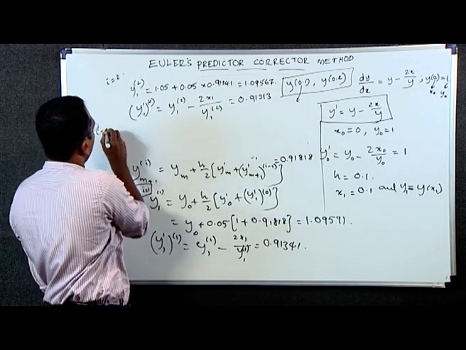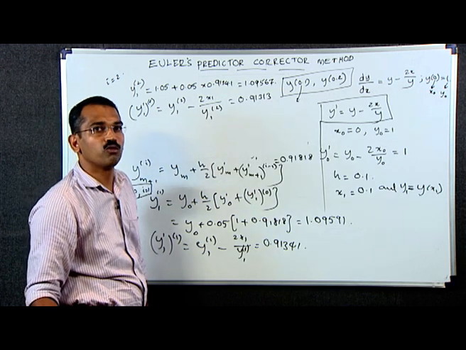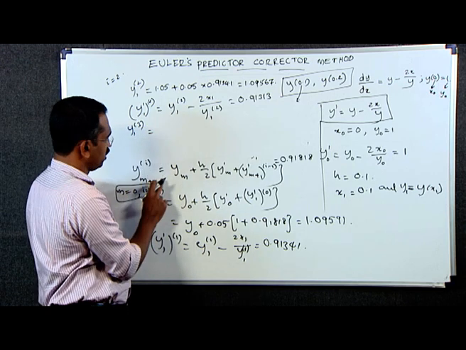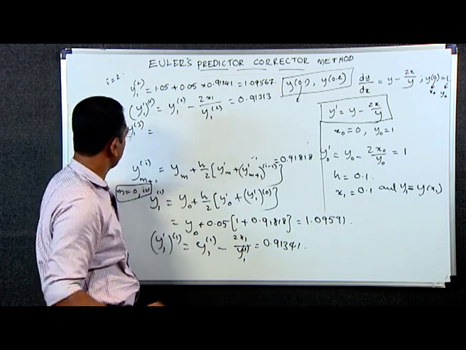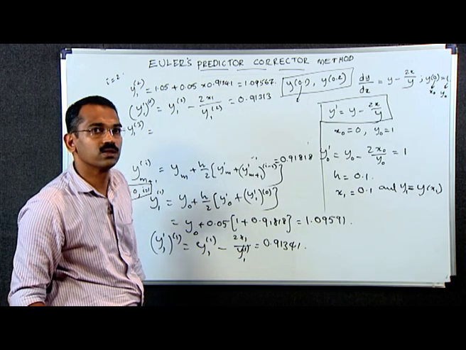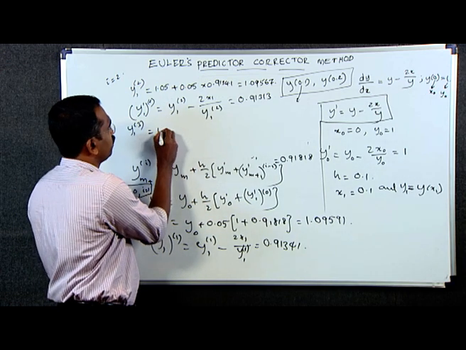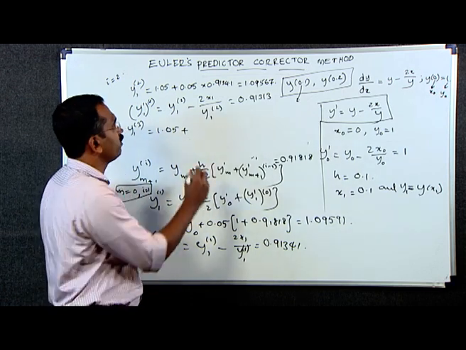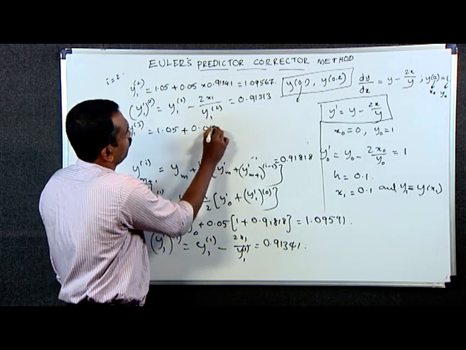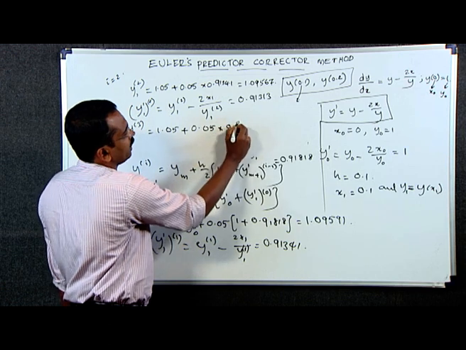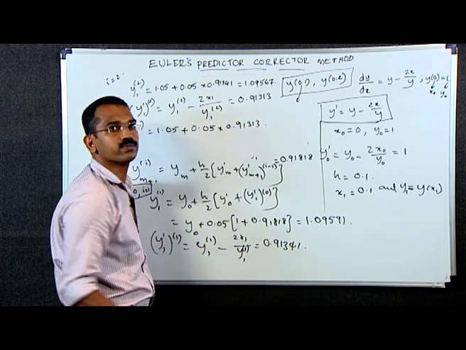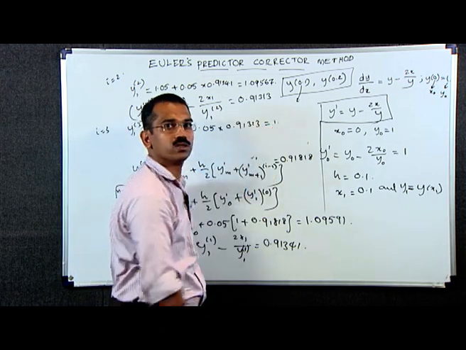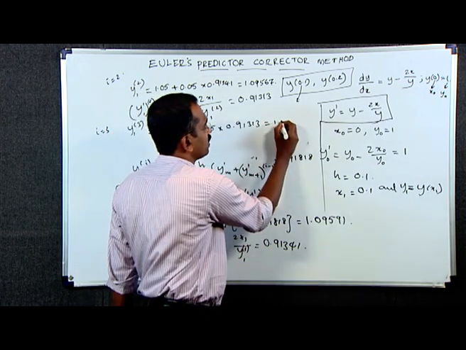Now, we take i is equal to 3, we will get y1 3 as 1.05 plus 0.05 into 0.91313. On simplification, this is equal to 1.09566.